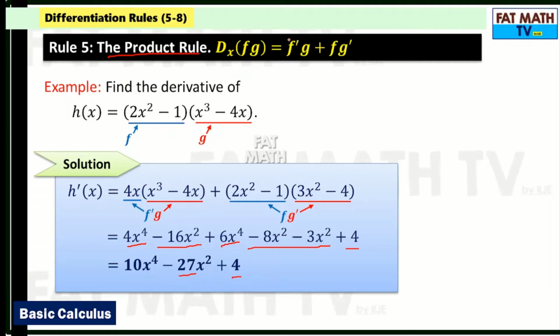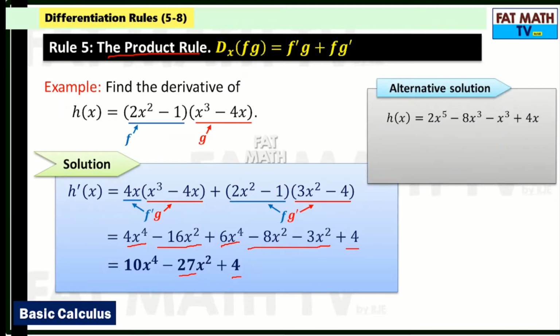So again, derivative of the first times the second plus the first times the derivative of the second. Or actually, you can simply expand this and then get the derivative. So this h of x is 2x squared times x cubed. That's 2x raised to 5. 2x squared times negative 4x.